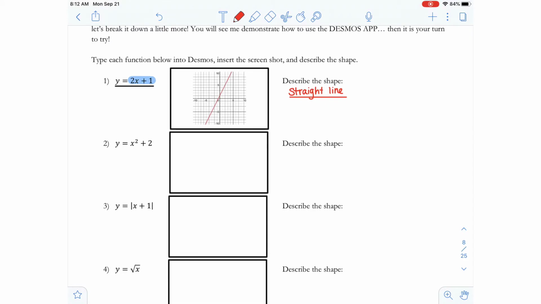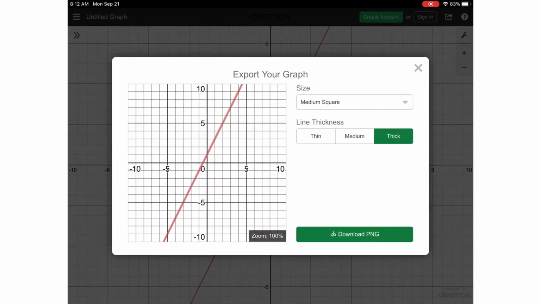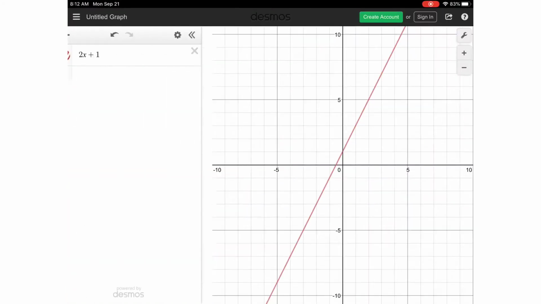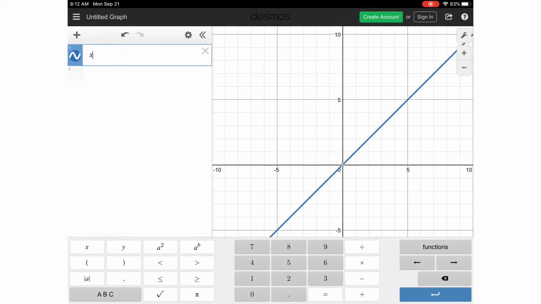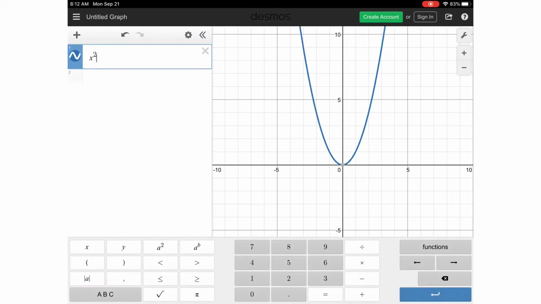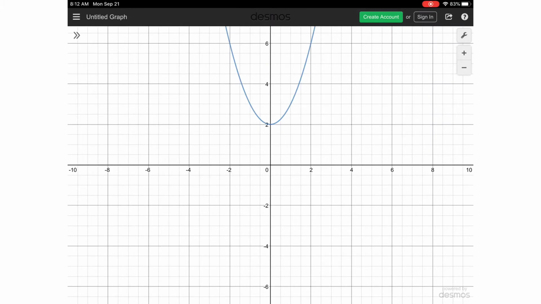So next, we're going to type in the next function, x squared plus 2. I'm going to exit out, go to the box, and type in x, and then the squared, plus 2. This graph definitely looks different.